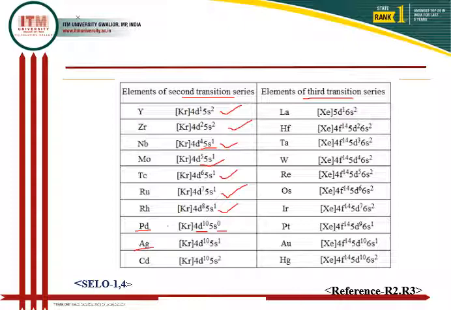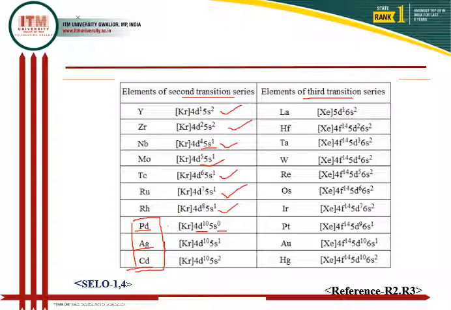Silver is also completed and cadmium is also completed. So these all have the complete d subshell, that is 4d10, but their outermost shells have different numbers of electrons. Palladium has no electron, silver has one outermost electron, and cadmium has two.